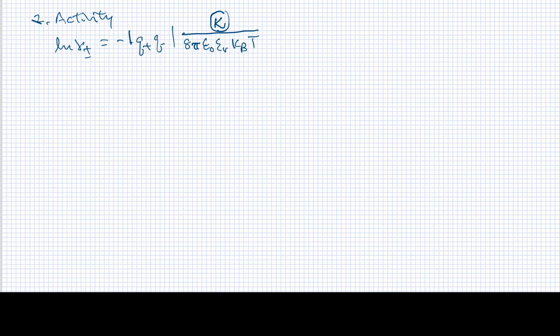All right, so if we were to use the definition of kappa in terms of the ionic strength, we could write this somewhat more directly. Since kappa squared is proportional to the ionic strength, kappa here means that this would be proportional to the square root of the ionic strength. So in fact, what we would find is that this log of the activity coefficient is proportional to, and instead of writing this in terms of the charges, I'm going to write it in terms of the charge numbers, Z plus and Z minus.